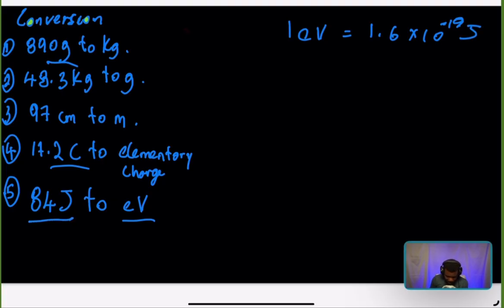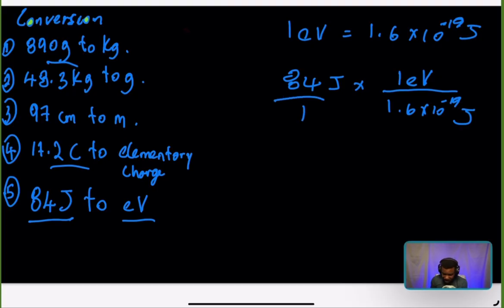There we go again. We are converting from joules, so I need joules in the denominator. So if I say 84 joules times, I know the denominator must contain joules. So I'm going to have 1.6 times 10 to the negative 19 joules, then I'm going to have 1 electron volt in my numerator. Multiply numerator by numerator.